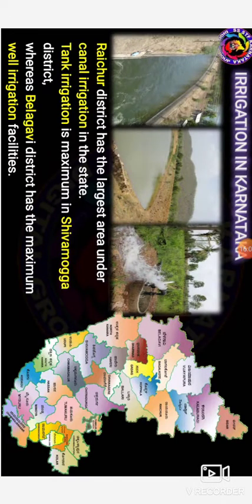Look at the map and picture. The Raichur district has the largest area under canal irrigation in the state. Tank irrigation is the maximum in the Shimoga district, and the Belagavi district has the maximum well irrigation.